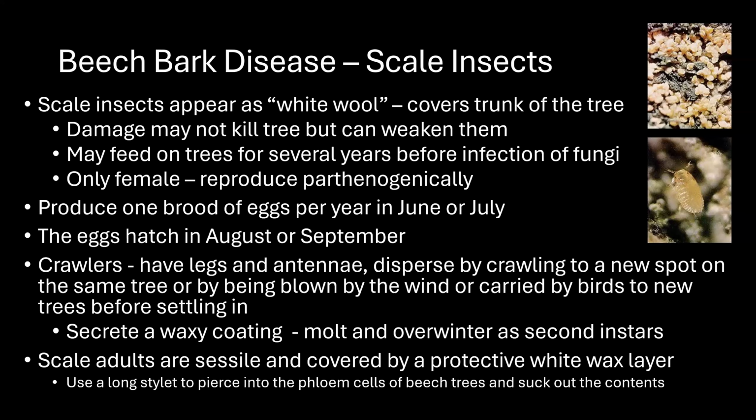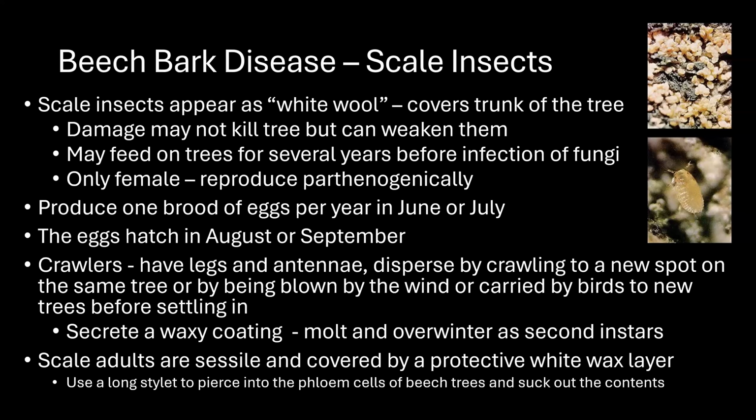Eventually, what happens with these crawlers, they're going to secrete this waxy coating, and then that results in them molting, and they're going to overwinter as the second stage, the second instar stage, where they're then going to complete their life cycle come spring. Now, once they become full-fledged adults, the adults are what we call sessile.